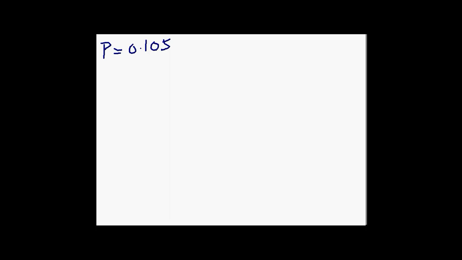So population proportion here will be equal to 8 over 50, because we are selecting 8 females. 8 over 50 will give us 0.16.